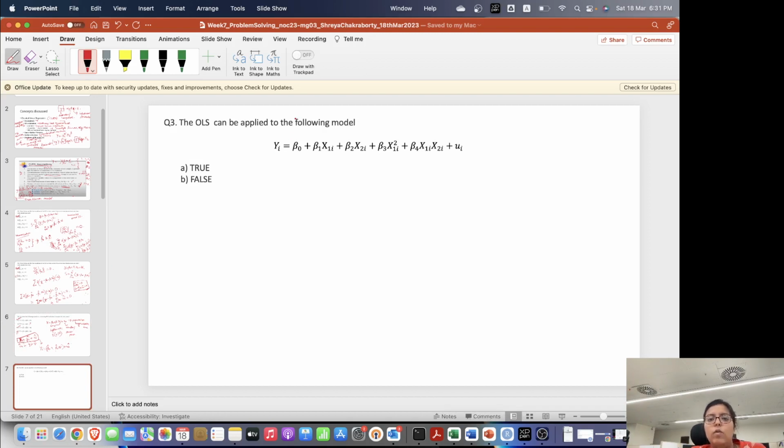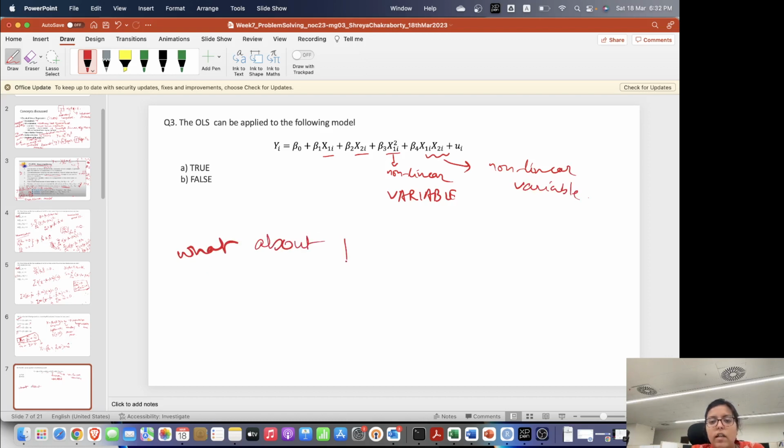Can we apply OLS to the following model? Here we see that this variable is nonlinear, and this is also a nonlinear variable. But what about parameters?